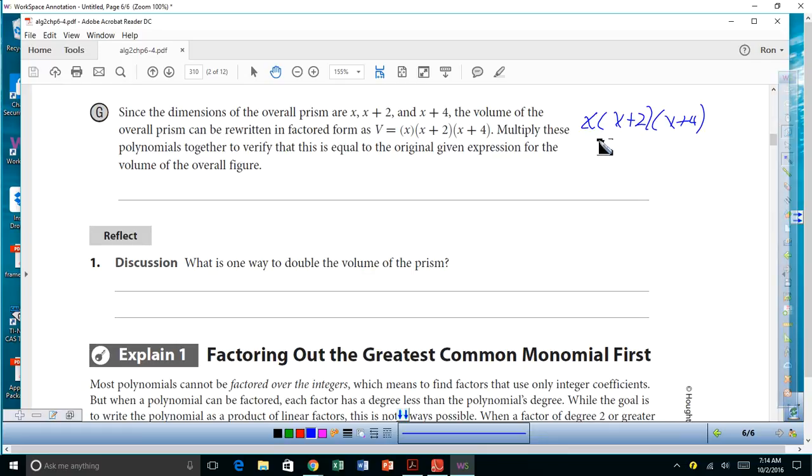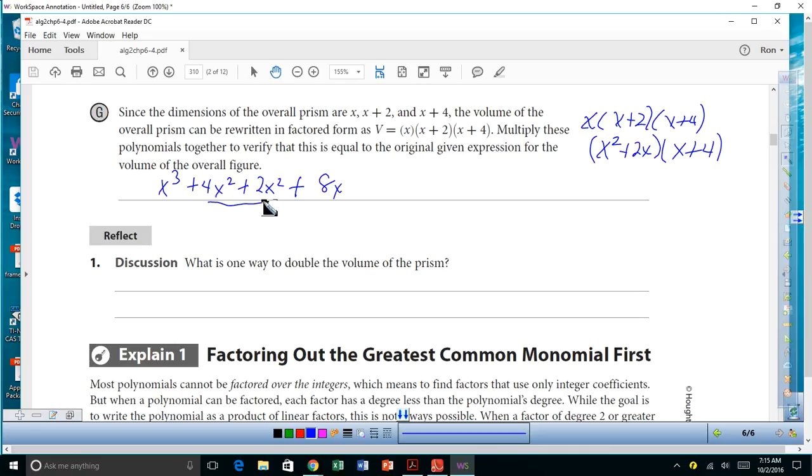X times x would be x squared plus 2x. And now let's multiply that times x plus 4. So x squared times x is x to the third. X squared times 4 would be plus 4x squared. 2x times x would be 2x squared, and then 2x times 4 would be 8x.